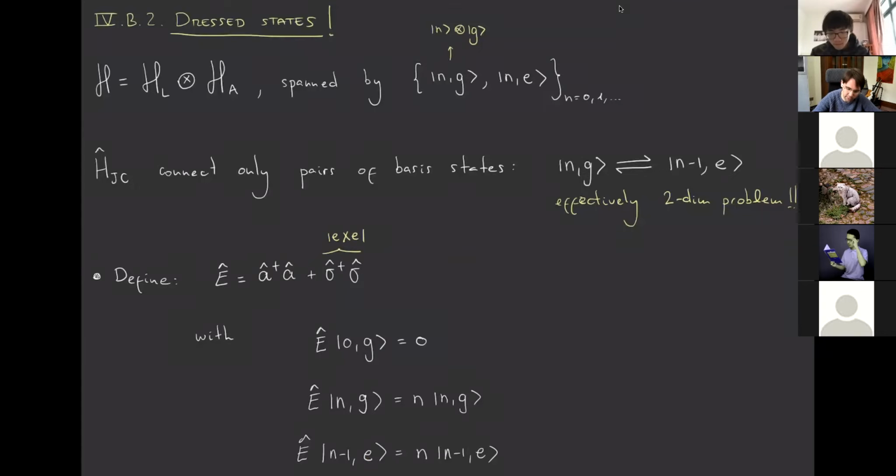What's important is that this operator E has doubly degenerate eigenvalues.